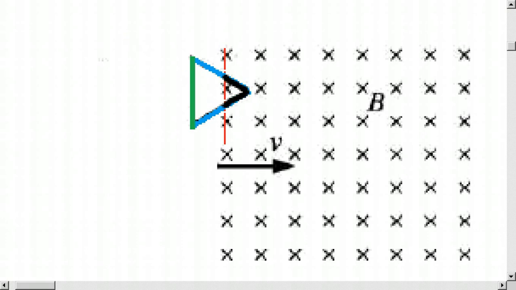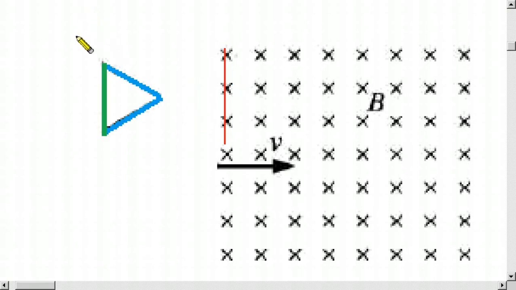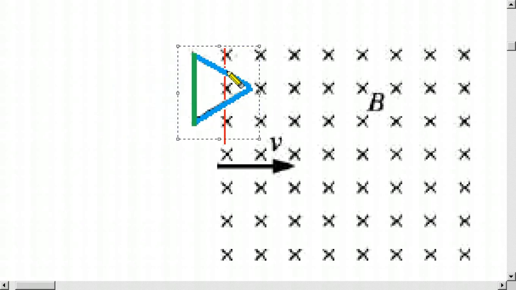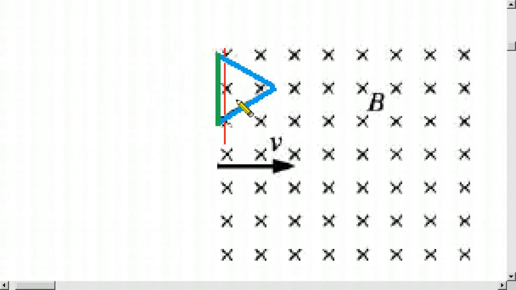So the current is proportional not to the length of the wire, but to the net or resultant length, the distance between the beginning and the end of that part of the wire inside the triangle. The length of that red line is proportional to the current induced.